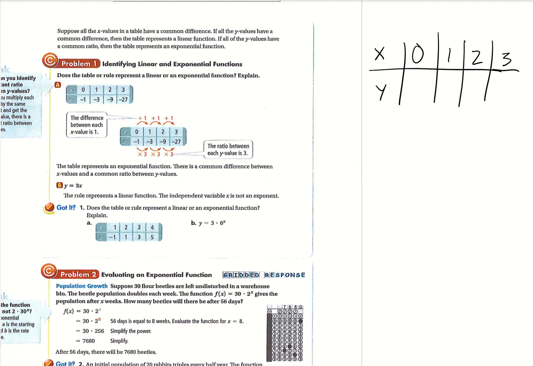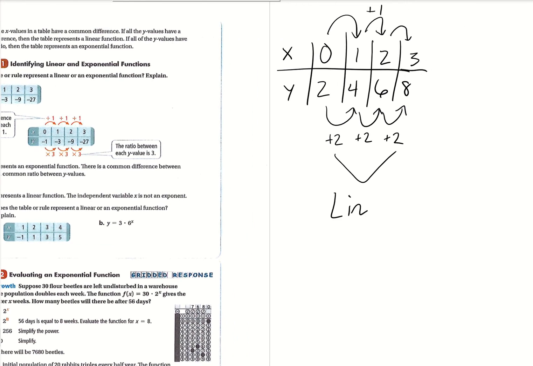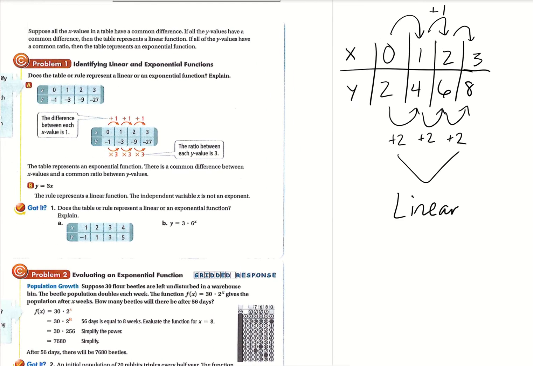For this one, the rate for the x's is +1, whereas the rate for the y's is always +2 the whole way through. This shows an example of a linear function.